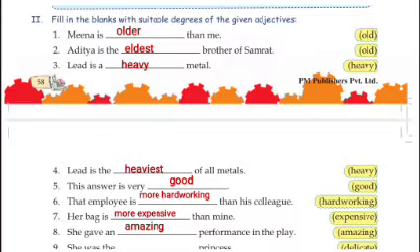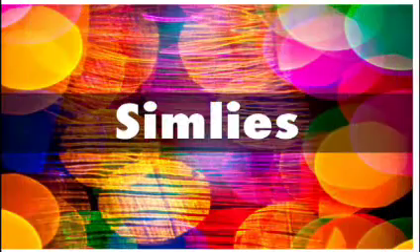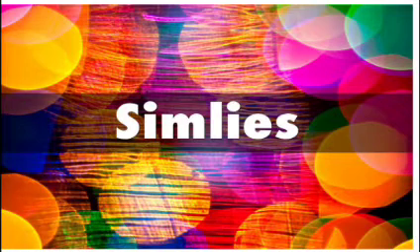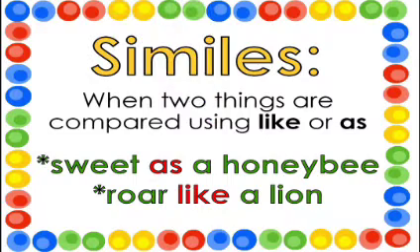Now let's move to the next question, and the next question is on the basis of similes. Now what are similes? First thing, as we use adjectives for comparing things or people, in the same way when we compare two things or two people using like or as, such a thing is called a simile.